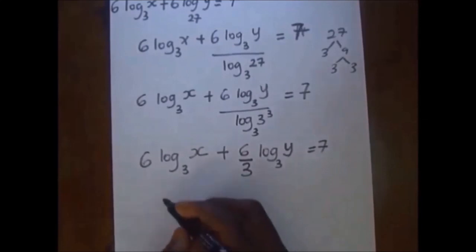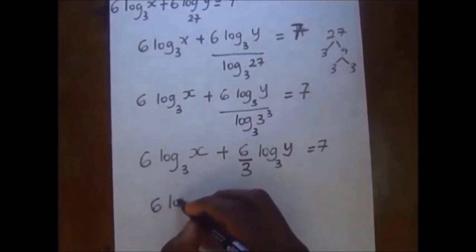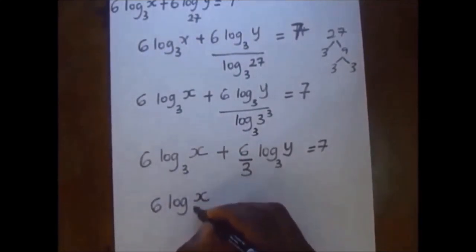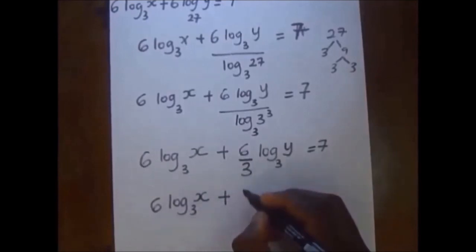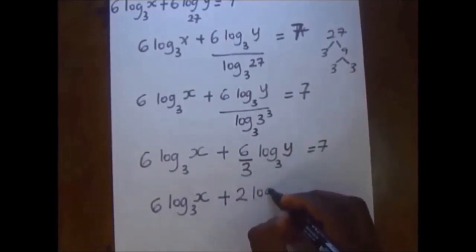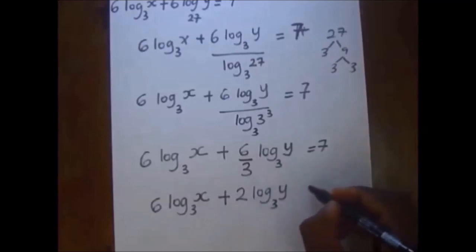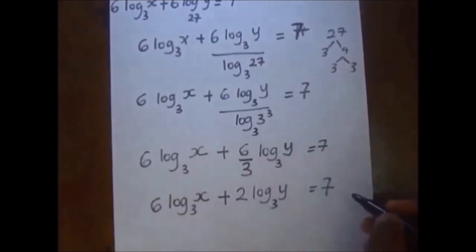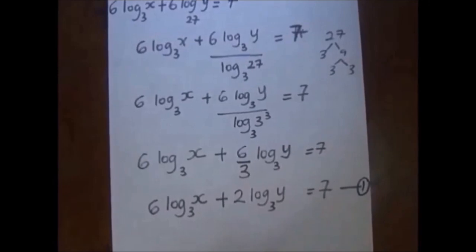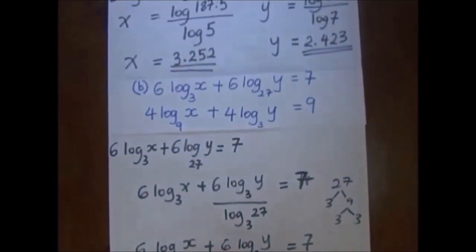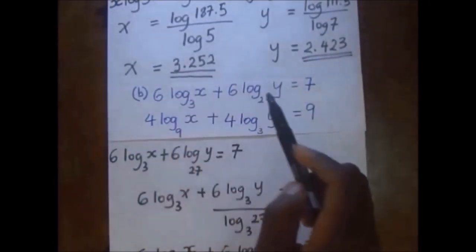And of course here our equation will become 6 times the log of x base 3 plus 2 log of y base 3 is equal to 7. So now we have simplified our equation. Let's call that our equation 1.